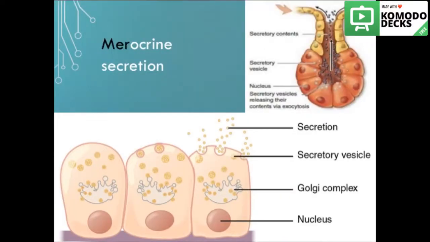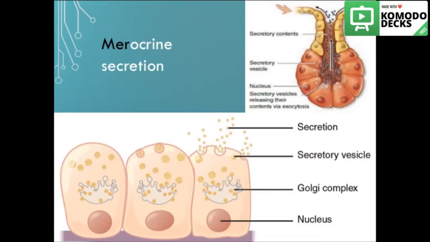Next, they are described as merocrine glands. Mero means only or just the secretions. Crine, the secretions are secreted. So, the proteins are synthesized in the Golgi complex, and the secretory vesicles are released in the lumen.